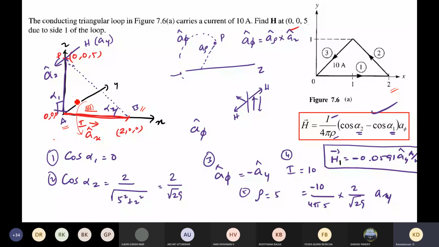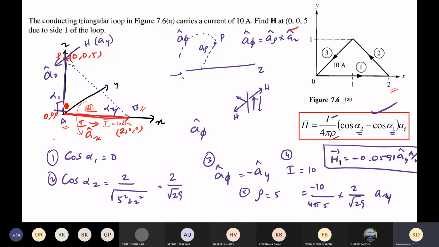Next, the unit vector here is the AX vector, so this I vector is going to be I0 AX vector, which is nothing but the current passing through that. So you can easily map here.